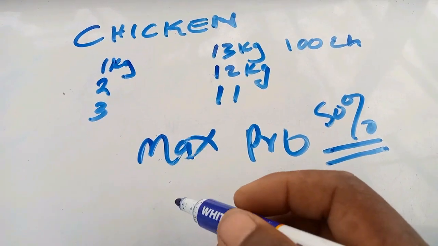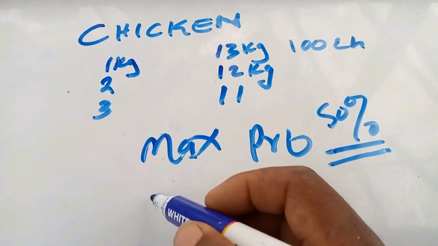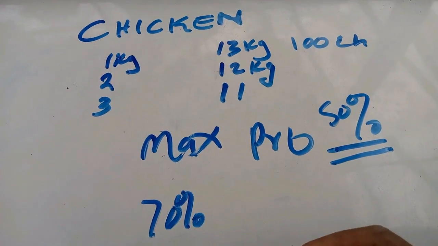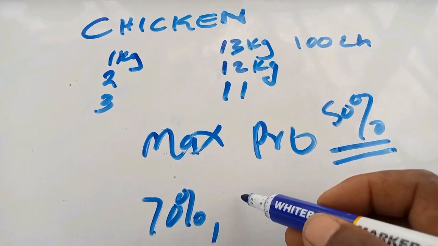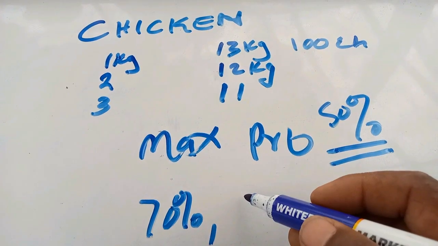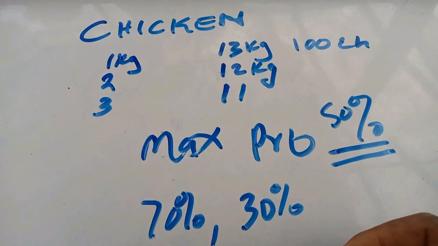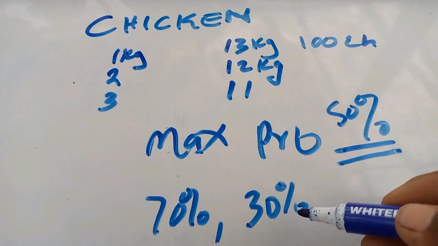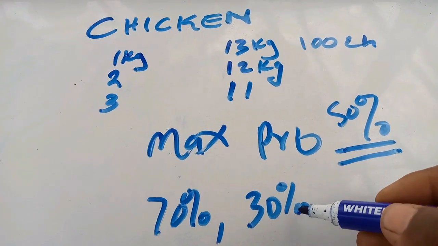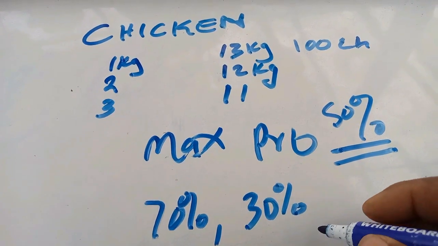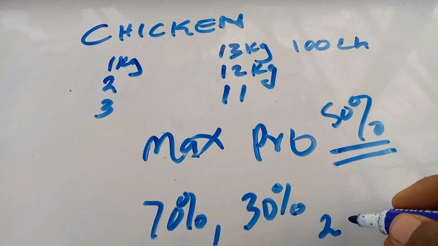Remember, this is for the indigenous chicken. You can go up to 70%. For layers and broilers, you can go up to 30%. Remember to start introducing the fodder early enough, at 2-month chick.